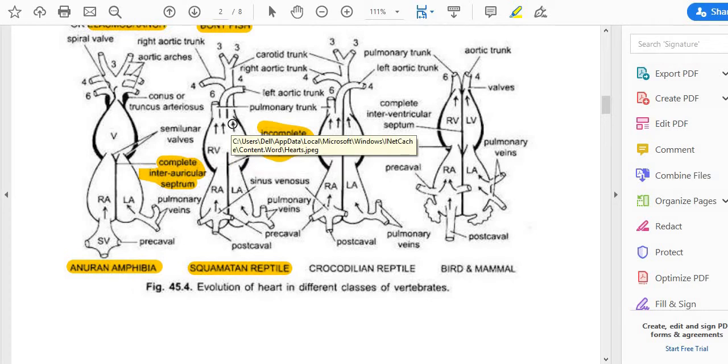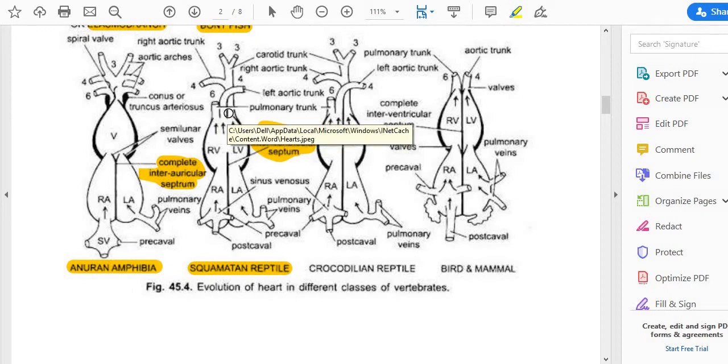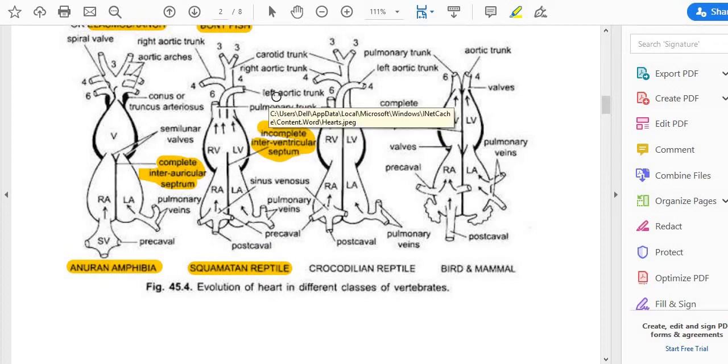Here the conus or truncus arteriosus is completely merged with the ventricle, it is no more seen distinctly, and from the ventricle there arise 3 pairs of aortic arches. Here we can see the systemic arch, that is the left aortic trunk and right aortic trunk.